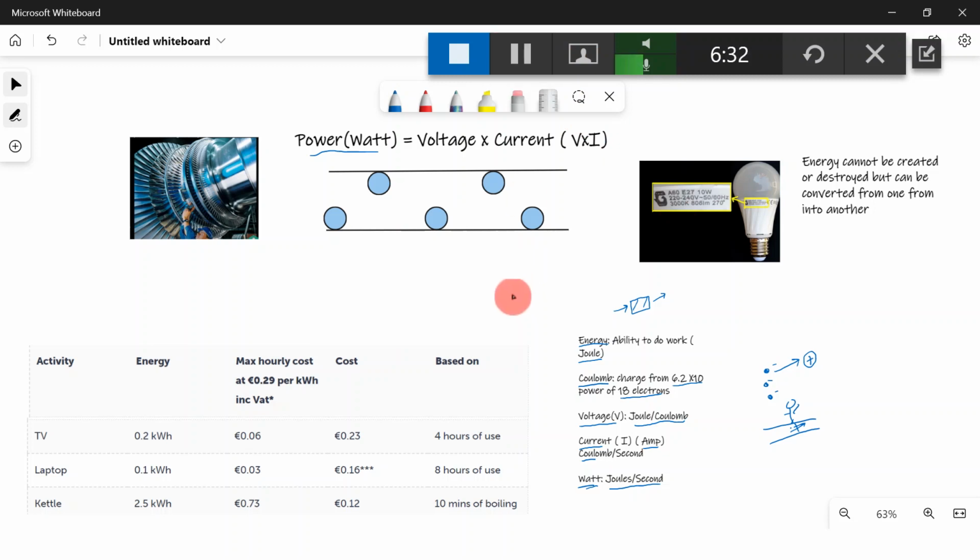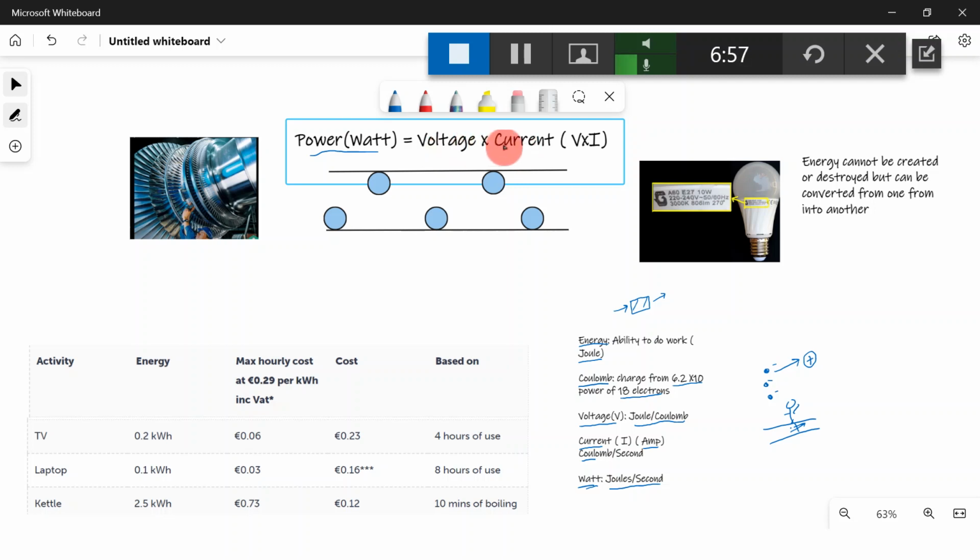So if we take these two things, current is measured in amps, and 1 amp is a coulomb amount of electrons moving past a point in 1 second. Voltage is the amount of energy per coulomb of electrons moving through a point.